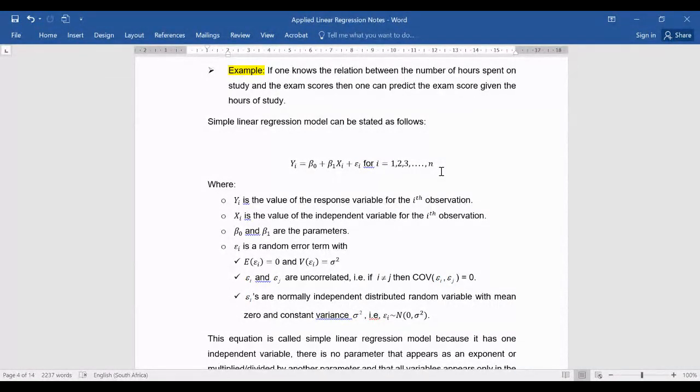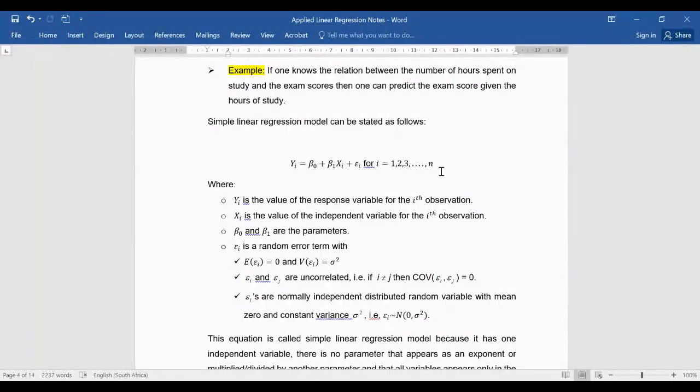So if we have, for example, a group of students from this class, we want to study the relationship between their exam score and the hours they spent preparing for the exam. So the yi will be representing the students.